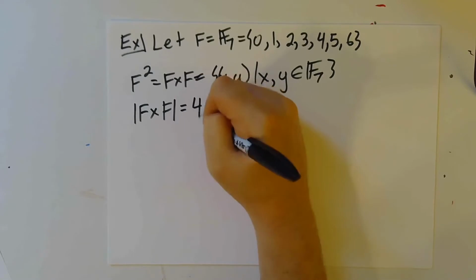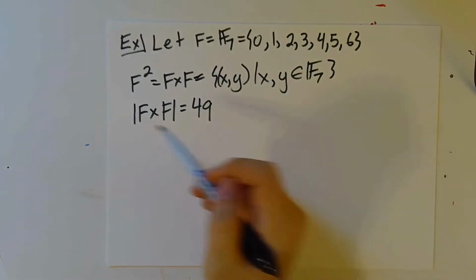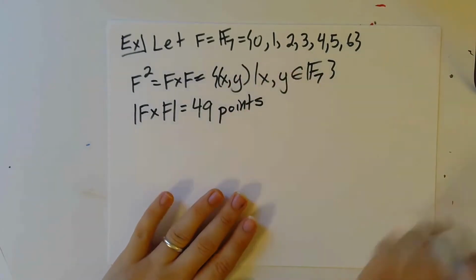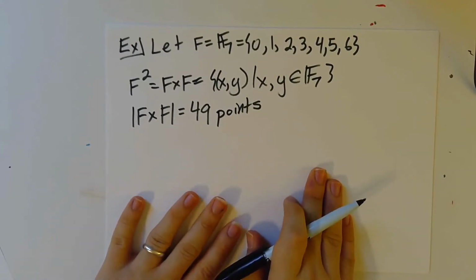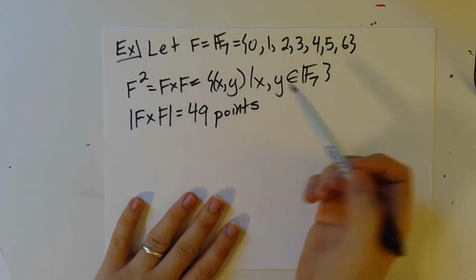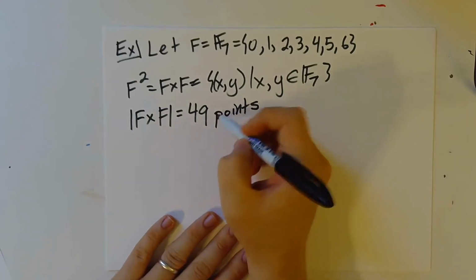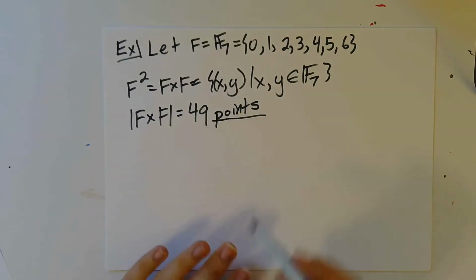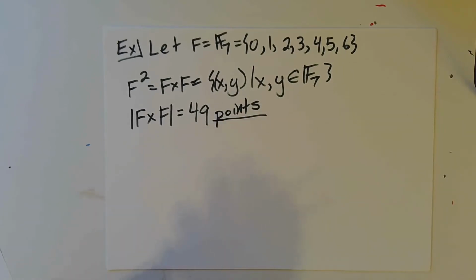Well, there are 49, right? Because I have 7 choices for x and 7 choices for y, so there are 49 total points. This is an analog of R2, except that R2 has infinitely many points, whereas this A2 of F only has 49 points, which is promising if you remember that the points are supposed to correspond to some sort of symbols. So these 49 points are going to correspond to 49 of the 57 symbols that we're going to need.